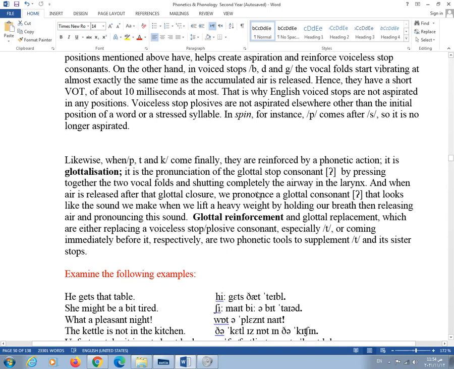In the larynx. Okay, and when air is released after that glottal closure, we pronounce a glottal stop.